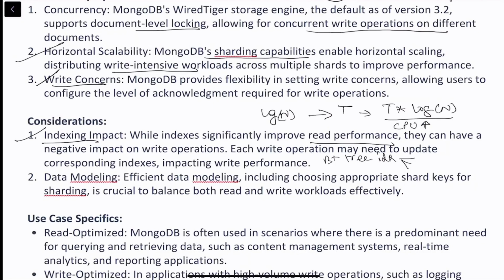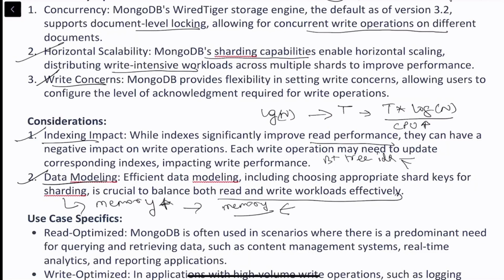And the second thing is data modeling. Efficient data modeling, including choosing the appropriate shard keys for sharding, is crucial to balance both the read and write workflows effectively. If you don't have the sharding set up properly, your memory usage would increase significantly because the indexes for the shard keys are also kept in memory.